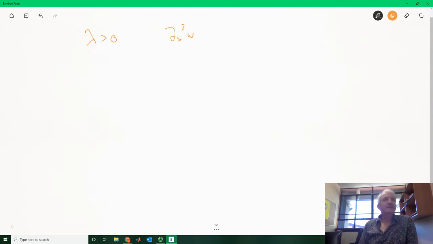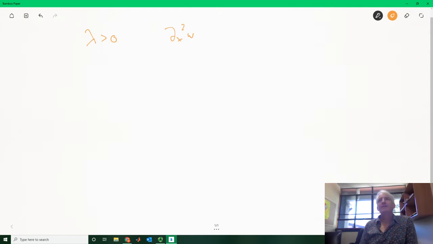All right, so let's start with our equation. Plus u naught delta of x w equals minus lambda w. Okay, so lambda is greater than 0, so now lambda is equal to k squared.